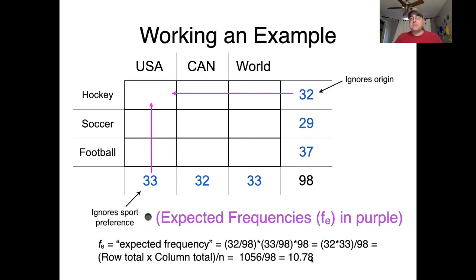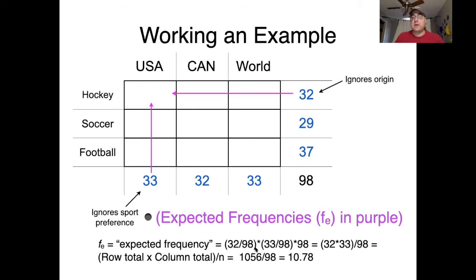That's 10.78. But notice something here. If you have a proportion that has the total number of people in the denominator times another proportion that has the total number of people in the denominator, but you're always going to be multiplying that by the total number of people, then you can count on the fact that every single time you do this equation, the total number of people will drop out once.